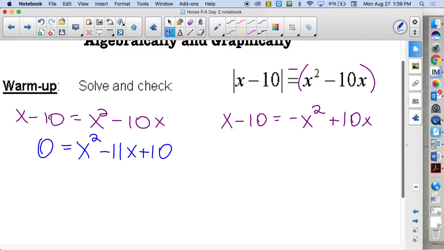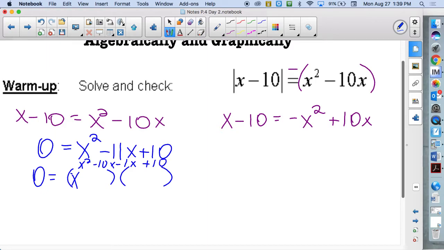And then factoring that, Michael, do you know how x squared minus 11x plus 10 factors? Yeah, it'd be like x squared minus 10x minus 1x, and then you break that down.